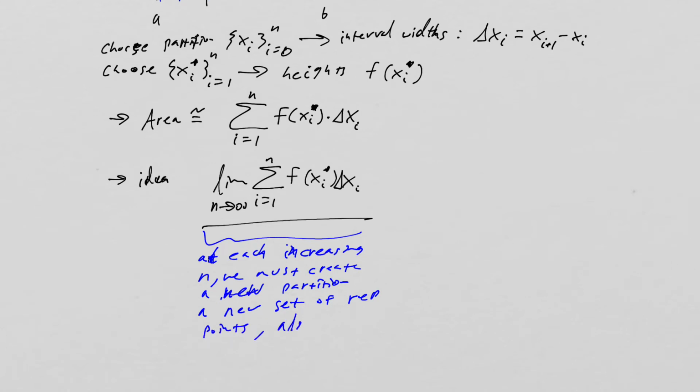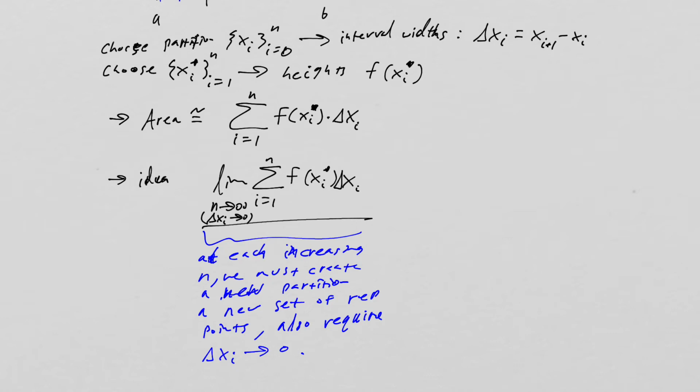Also, we need to require, let me erase that require and rewrite it, that the delta xi, they all go to 0. Okay? And in fact, a lot of people even write that under the limit sign. They say the delta xi's all go to 0, just as a requirement.